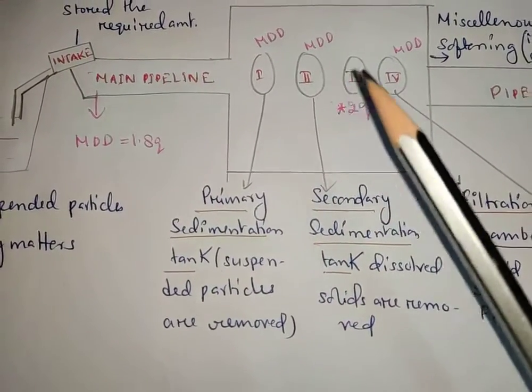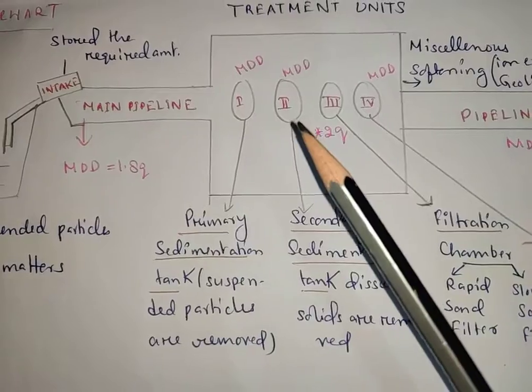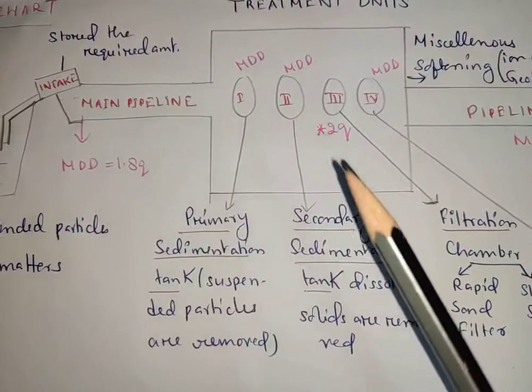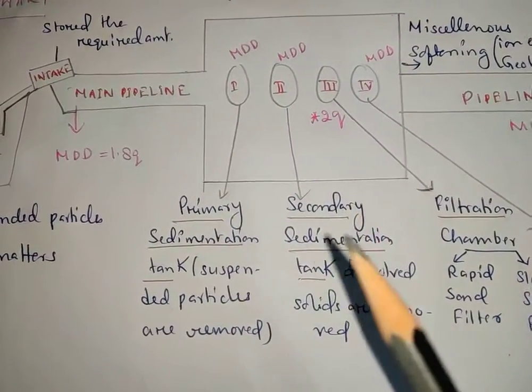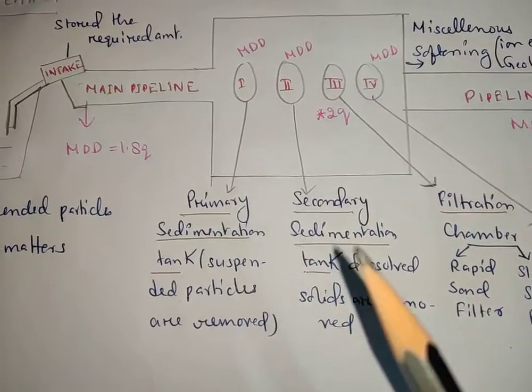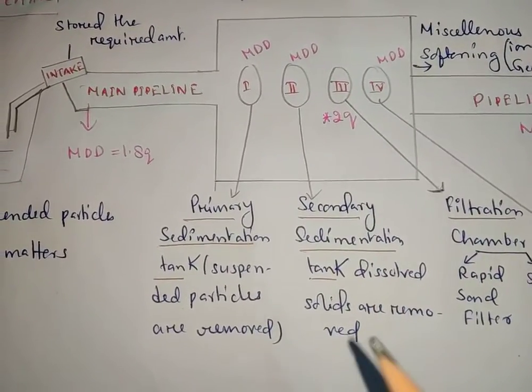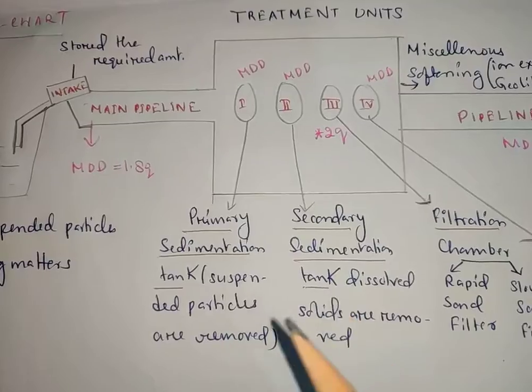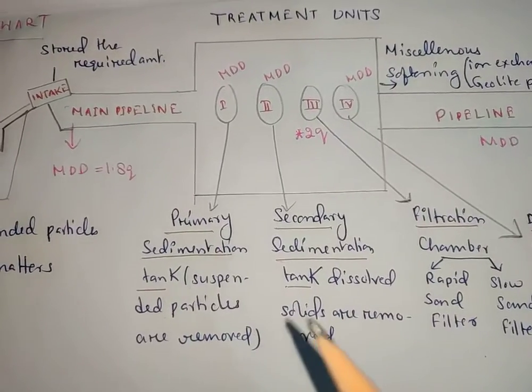In the next part of the treatment unit, the secondary sedimentation tank, all the dissolved solids are removed, meaning all the particles that we can't see with our naked eyes.